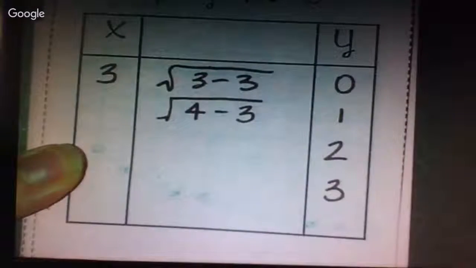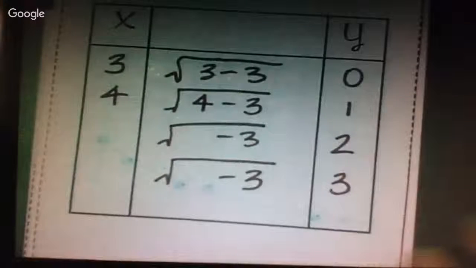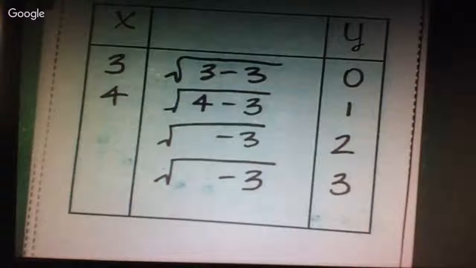So 4 minus 3 gives me 1. So my X value is 4. Okay. I need my square root to be 2. So I need a 4 underneath there. 7 minus 3 gives me 4.